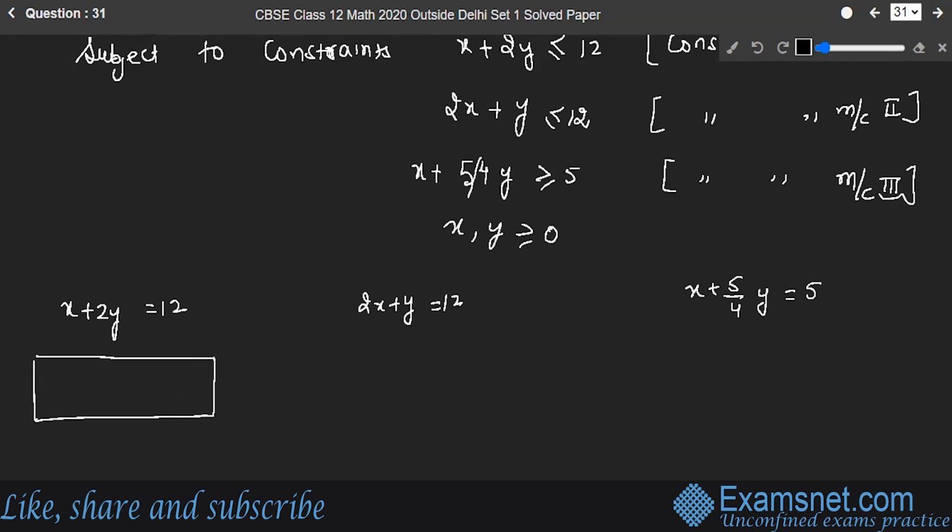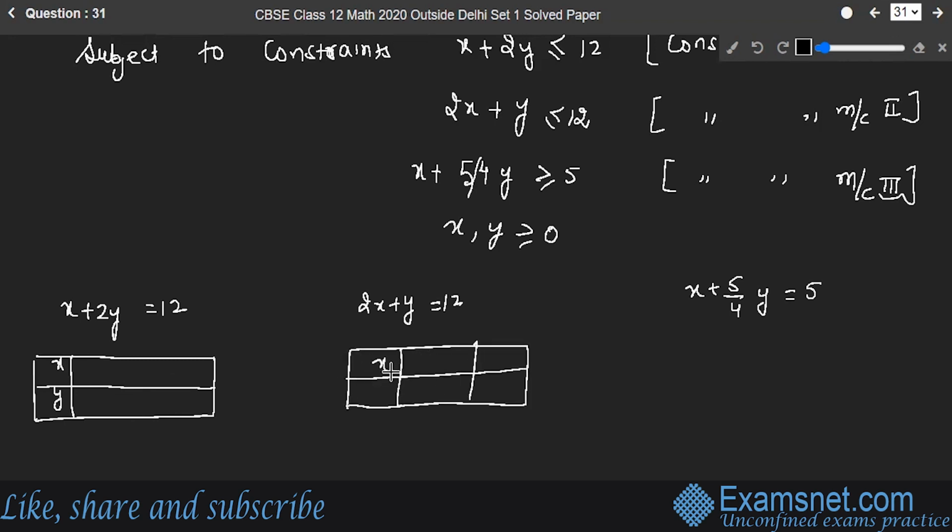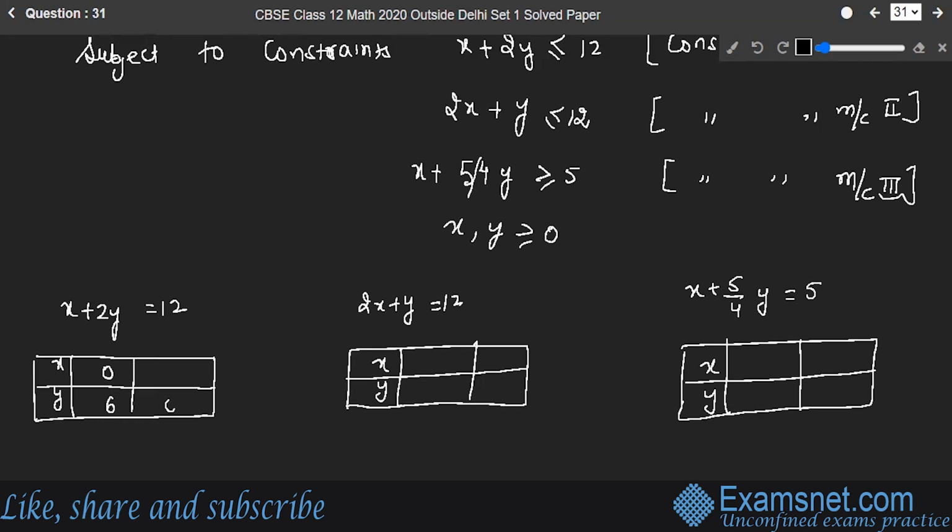Okay. Let's draw. For drawing the graph, let's have the points first. So here, when I put x is equal to 0, y comes out to be 6. And when I put y is equal to 0, x comes out to be 12.